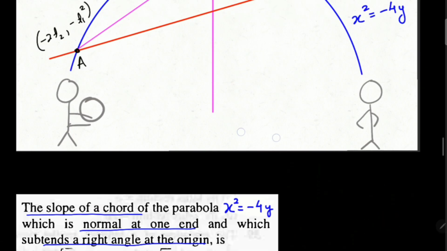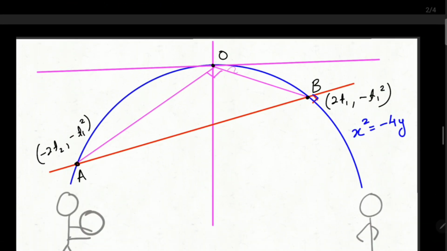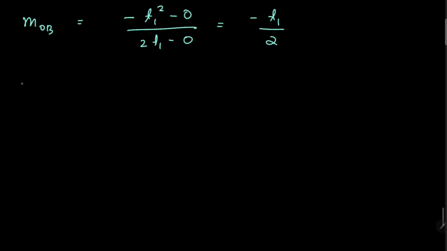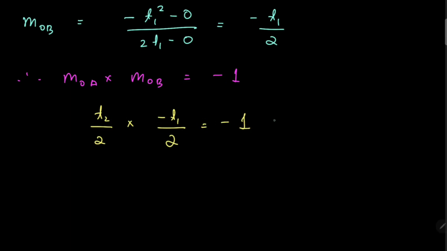And since we know that AO and OB are intersecting at a right angle, the product of their slopes will be equal to minus 1. Now placing the values of slope of OA and OB, we'll get t1 into t2 is equal to 4.